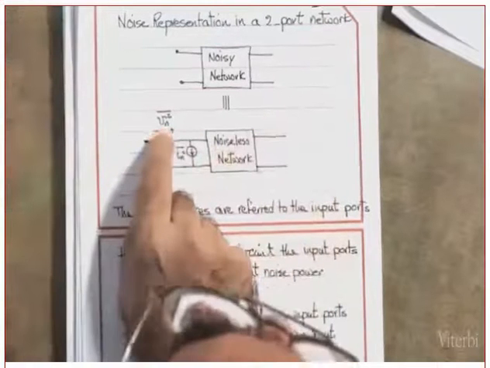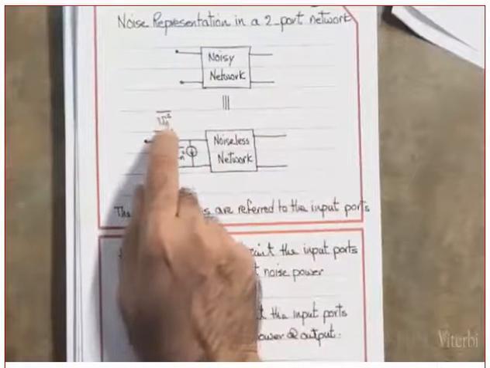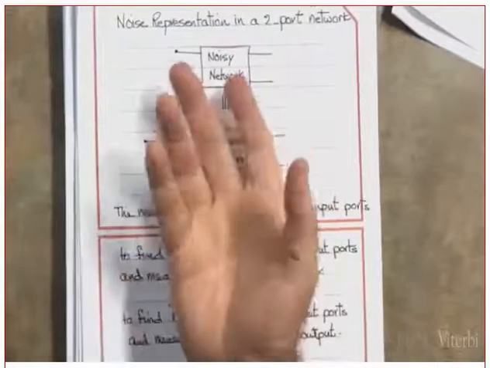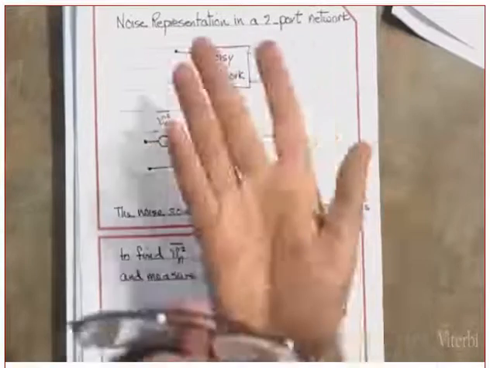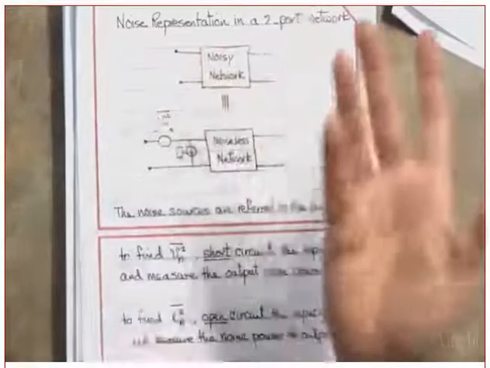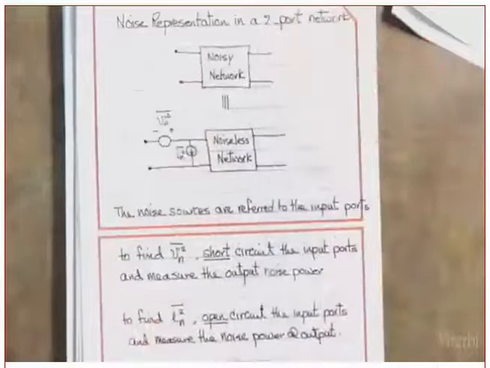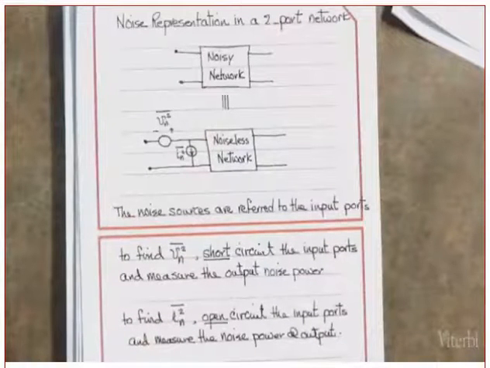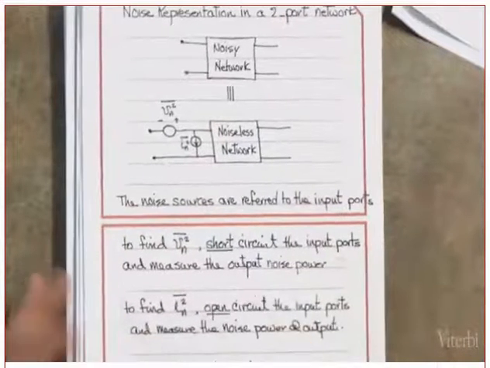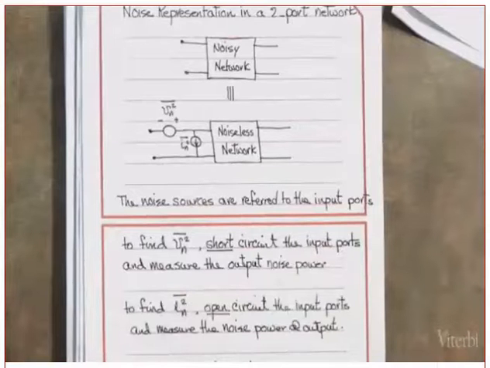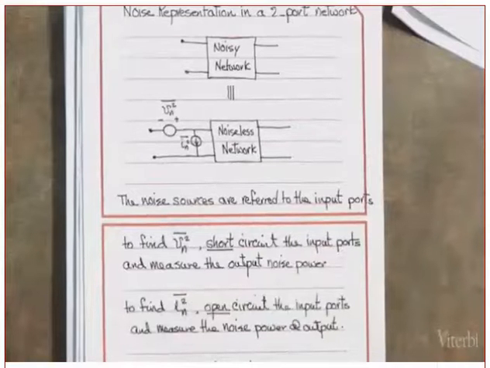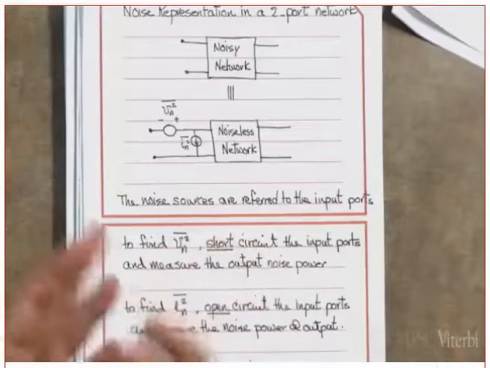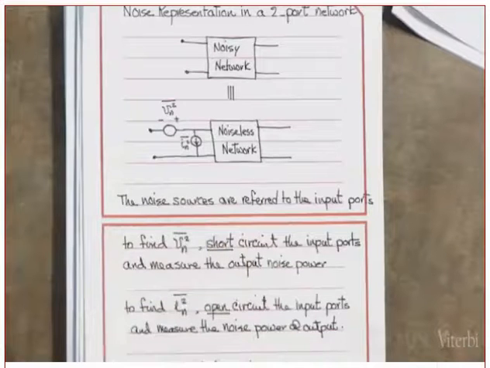What is this notation? Vn square bar. That's the mean square. Why? Because the noise is a random process. I cannot write an equation for the noise. Have you seen noise in a lab or something? Noise is all over the place. You cannot write an equation. You need to deal with it in a statistical fashion.